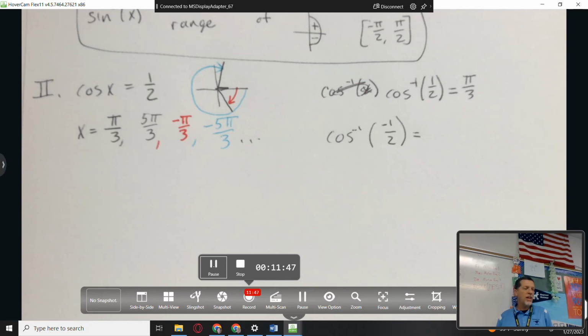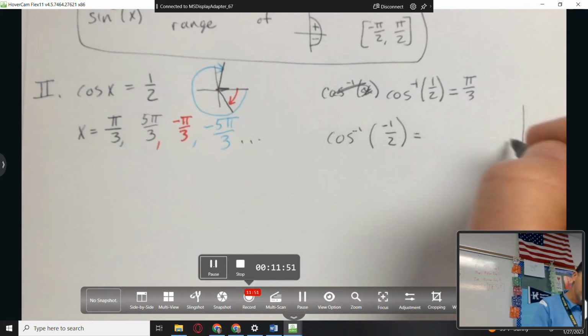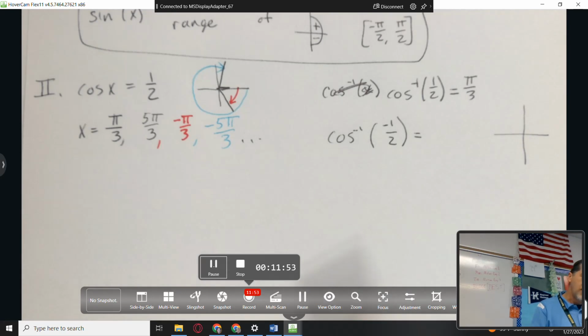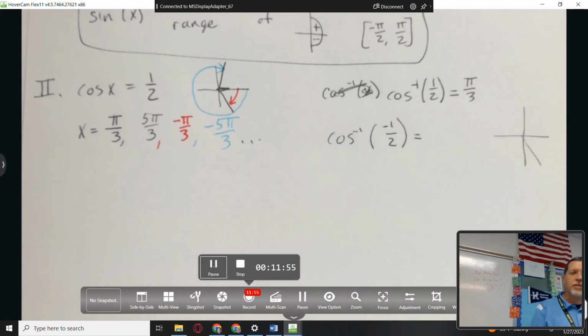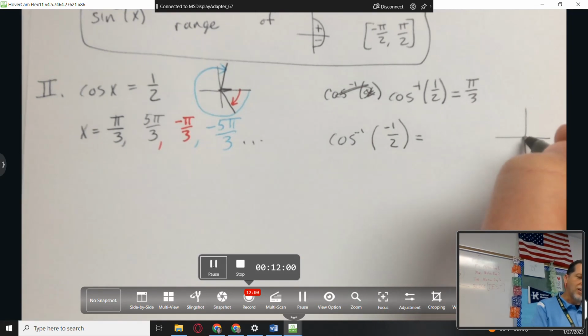How about the inverse cosine of negative 1/2, though? Well, be careful. Negative pi over 3 would have a positive cosine. Can't be there. It's got to be in the second or third quadrant.